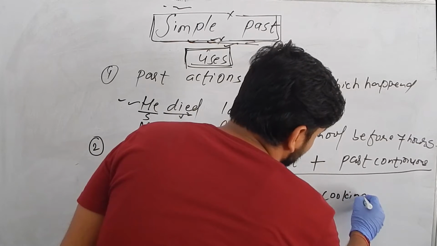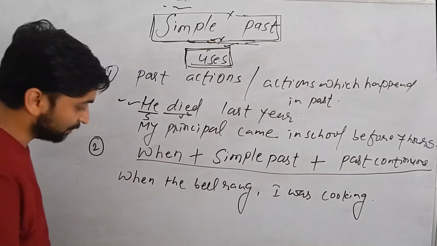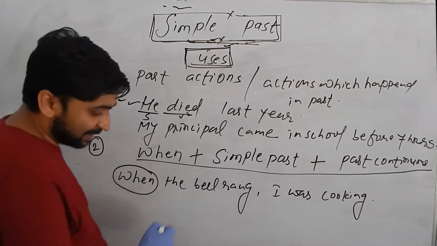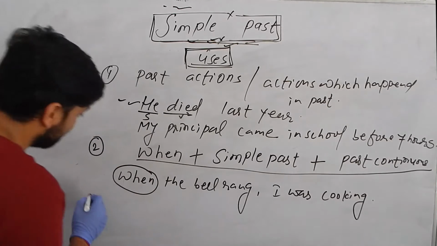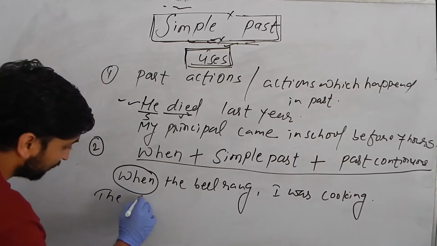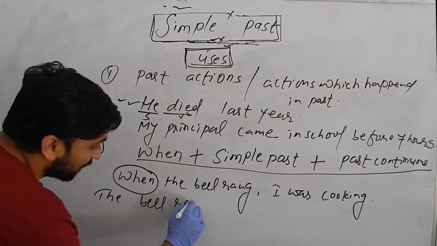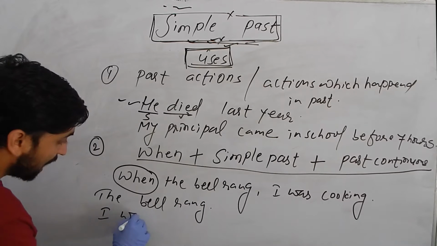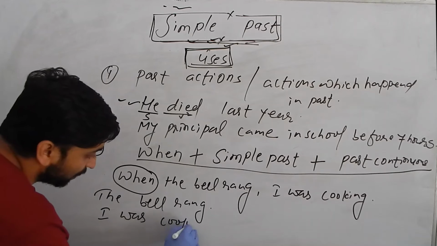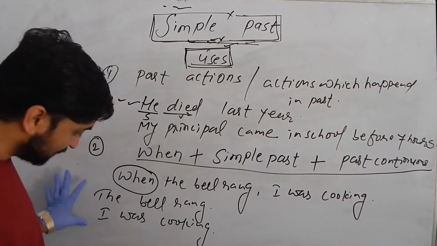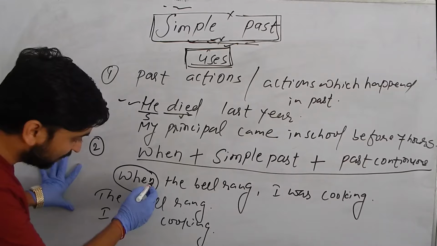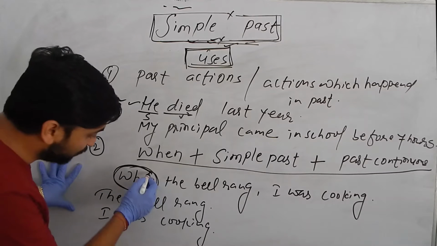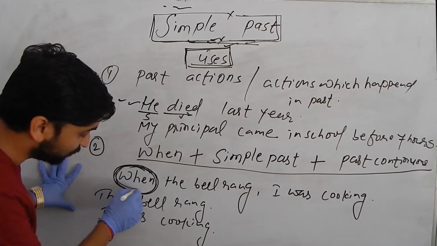Here we have to notice that when is used to join the two sentences. The first one is the bell rang, and the next one is I was cooking. When is used here to join both sentences.